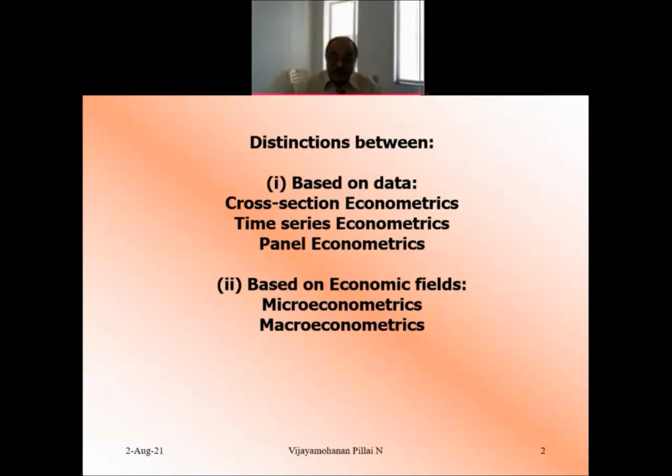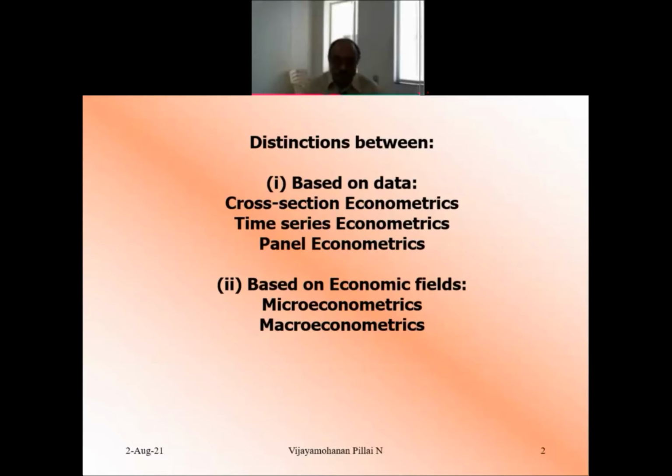We have a distinction of econometrics based on data and economic fields. Based on data, we have three types: cross-section econometrics, time series econometrics, and panel econometrics. I believe that all of you are familiar with these data sets.